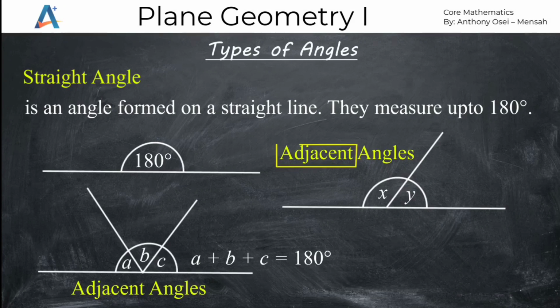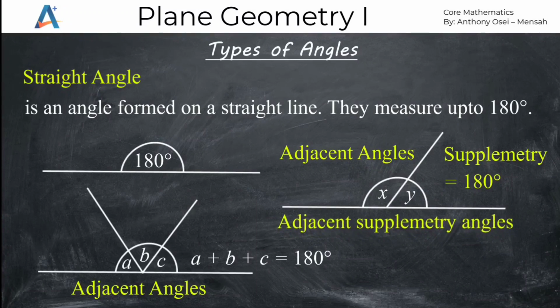If they are also supplementary, it means that they sum up to 180. So the name we can give to them is adjacent supplementary angles, meaning x plus y should be equal to 180. And since it has the same character as a straight angle, we can also say that a straight angle or angles on a straight line are also referred to as adjacent supplementary angles. They both have the character that they sum up to 180.